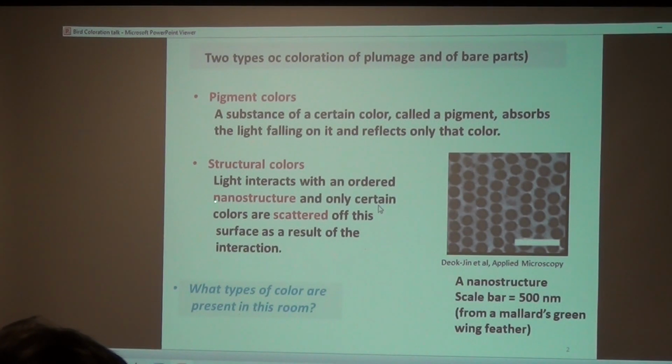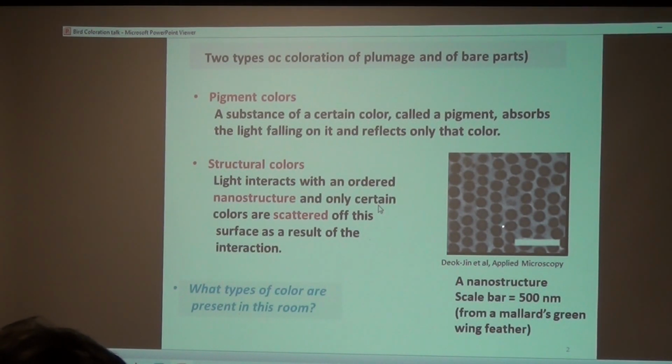Structural colors are different. Pigments are not involved here. Light interacts with an ordered nanostructure, and here is an example of an ordered nanostructure. Nano because the scale here is hundreds of nanometers, and a nanometer is very small. It's a billionth of a meter.